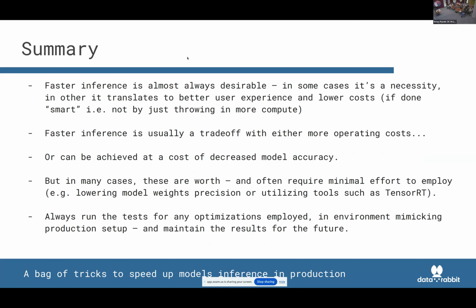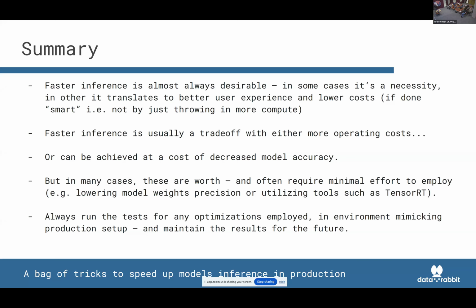Faster inference is usually a trade-off with either more operating cost or decreased model accuracy. But once again, the key is the trade-off. Is it acceptable for you? If the model accuracy, for example, decreases by 1%, but the inference is 40 times faster, it's probably worth it.